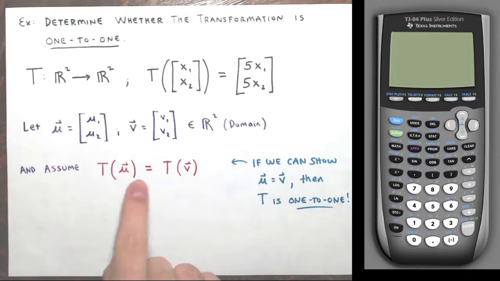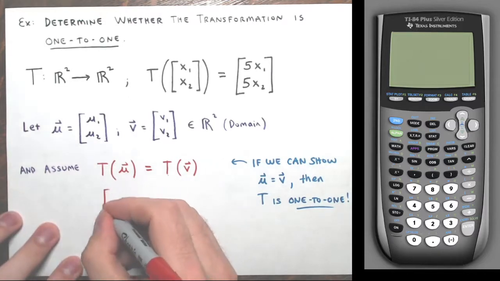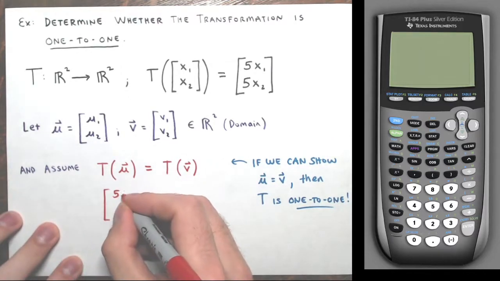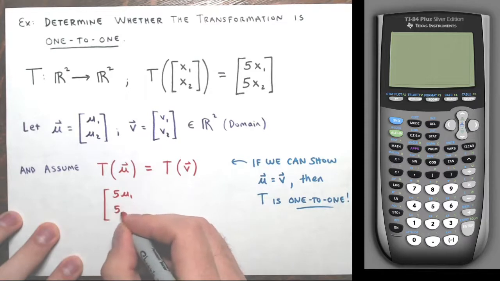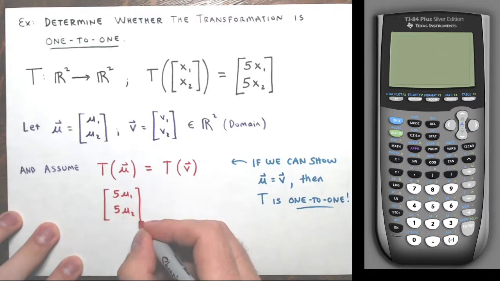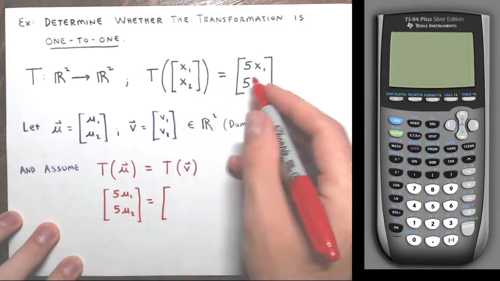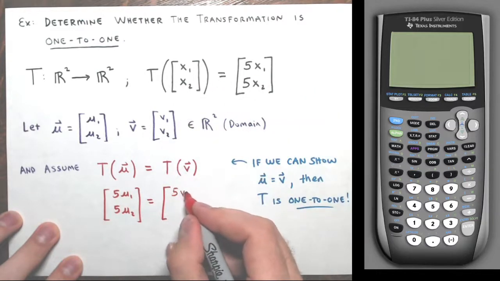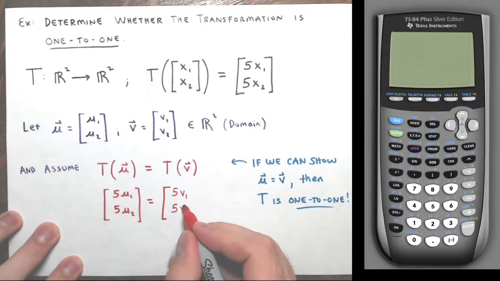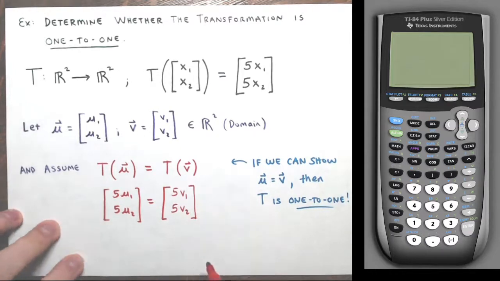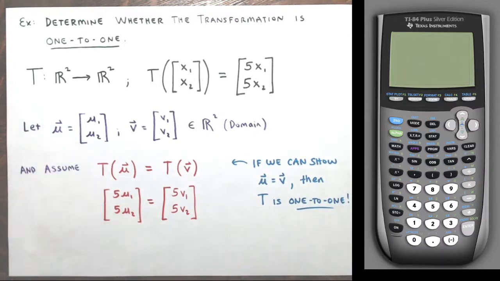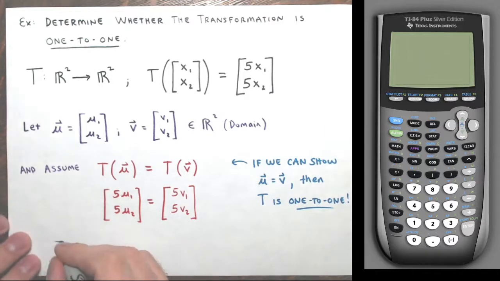All right, so what does this look like? Well, T of u would be 5u1, 5u2, and T of v, if I plug v into T here, would be 5v1, 5v2. All right, and then in order for two vectors with these components to be the same, the components have to be equal.